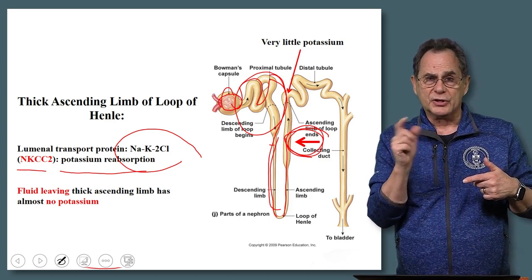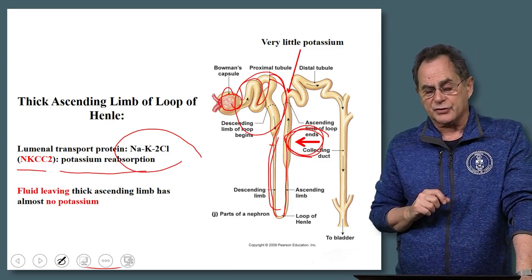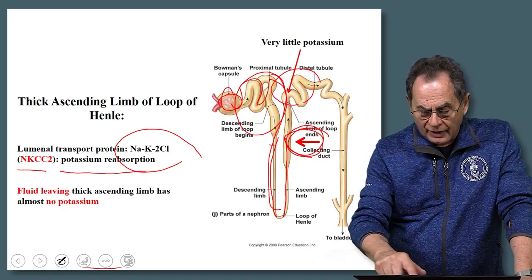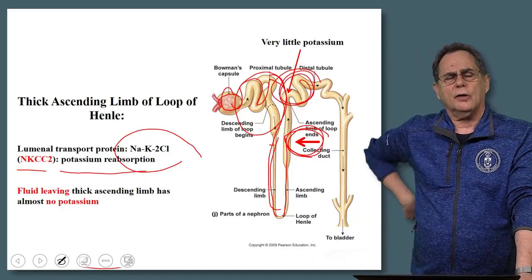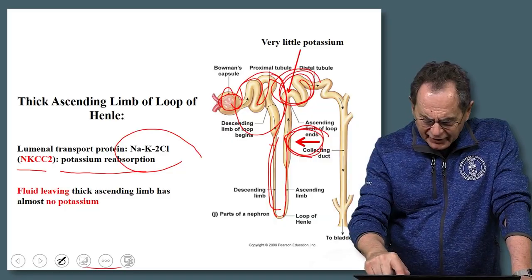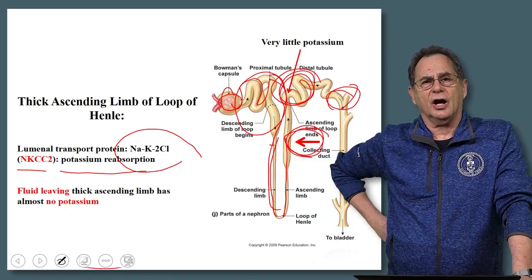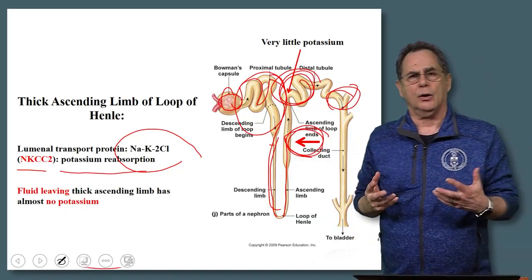But also there'll be some paracellular movement. I'll show you that in a second. So if you and I arrive up here at the start of the distal convoluted tubule, and particularly as we get to the collecting duct, there's very little potassium around.